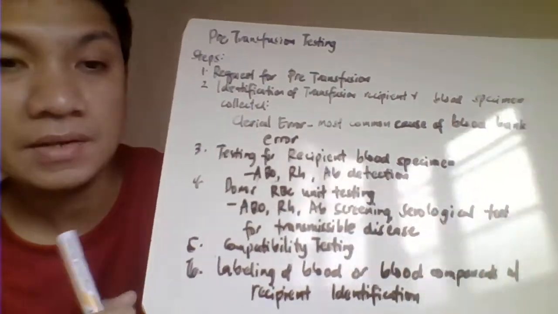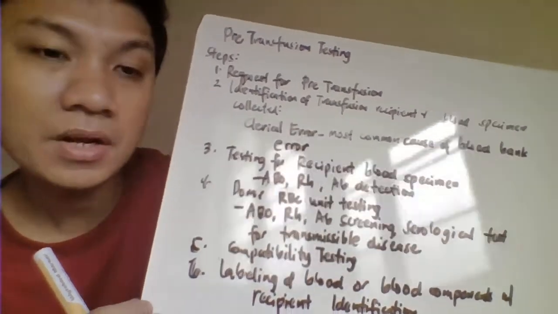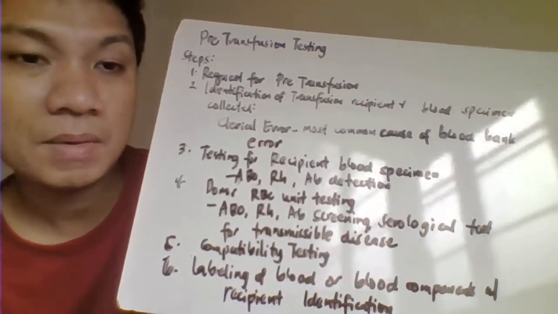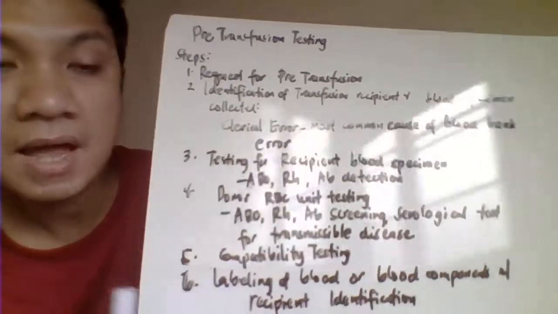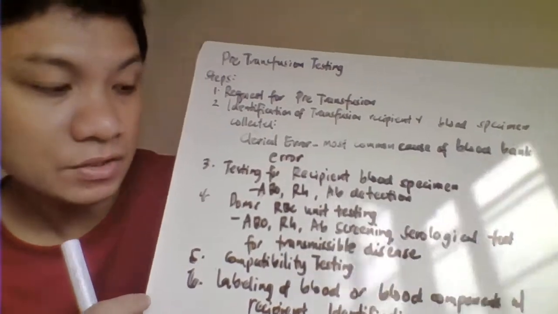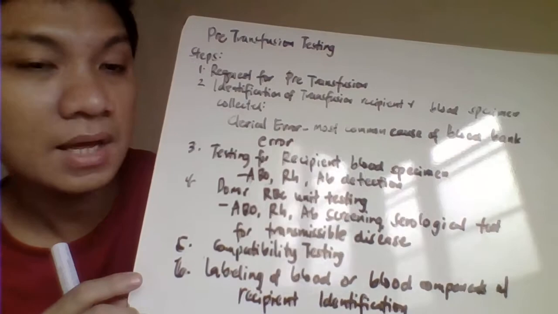Okay, number three here, you need to test the recipient's specimen. So what are you going to do to the specimen of the patient, or the recipient? You need to perform ABO typing, Rh typing, and also antibody panel identification. For the unit of blood that should be transfused to the patient, what are the tests you're going to perform?